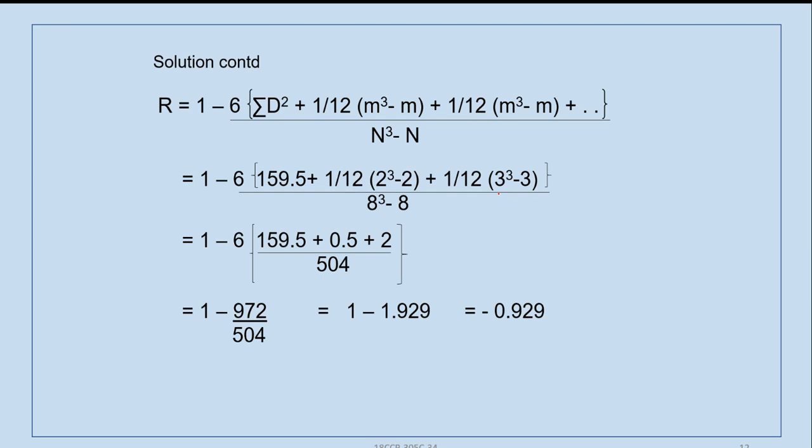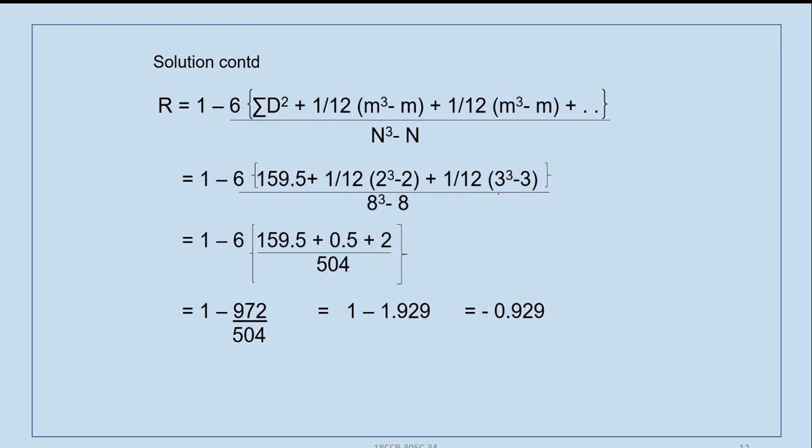So the formula is Rs is equal to 1 minus 6 into sigma d square plus 1 by 12 into m cube minus m, and so on for each repeated rank. In the X series, 2 ranks are repeated, and in the Y series, 3 ranks are repeated. So for the X series, m is equal to 2, and for the Y series, m is equal to 3.